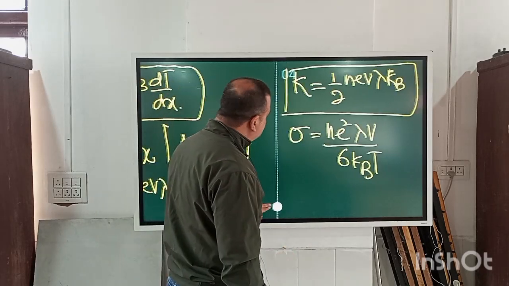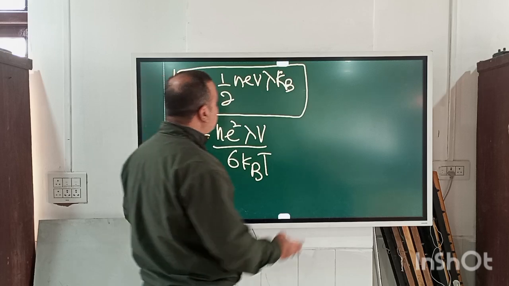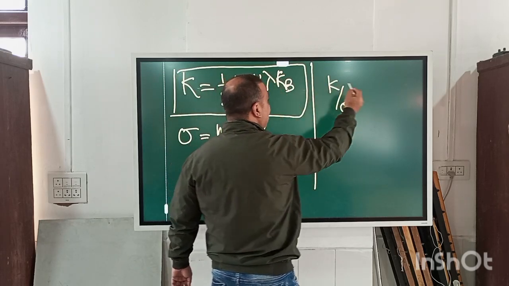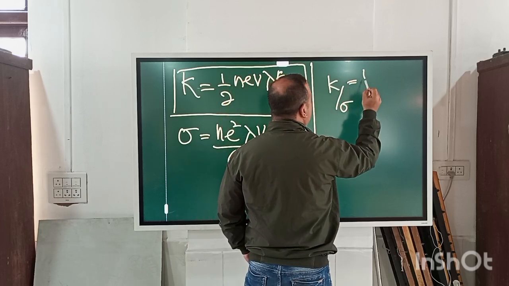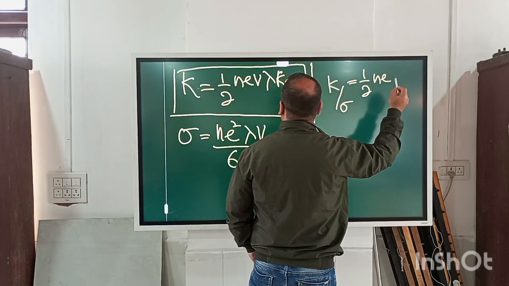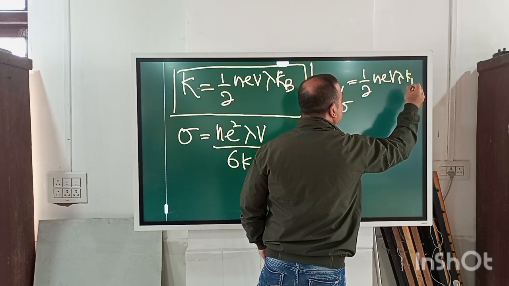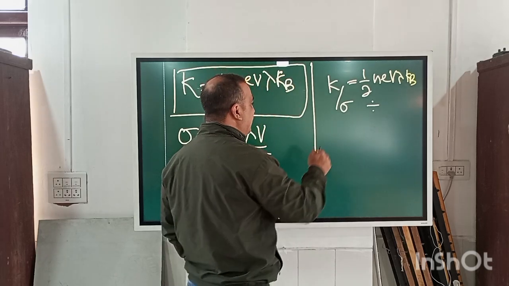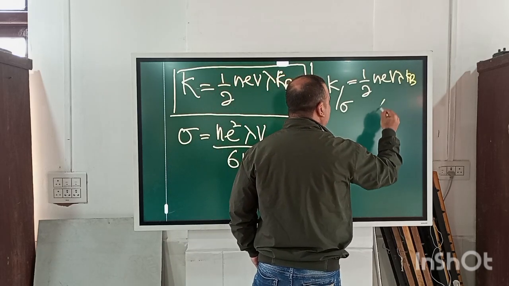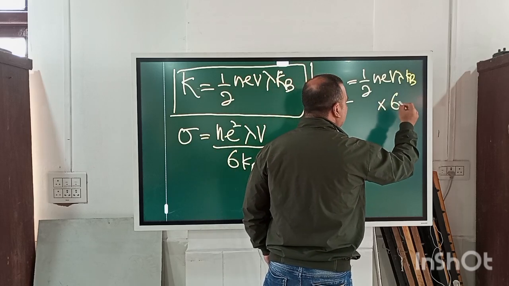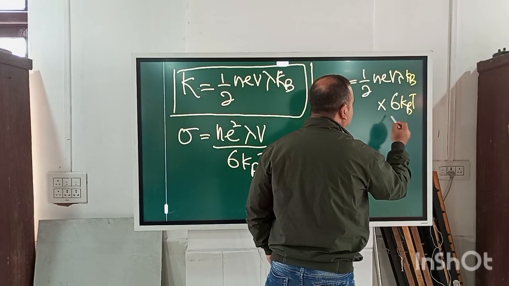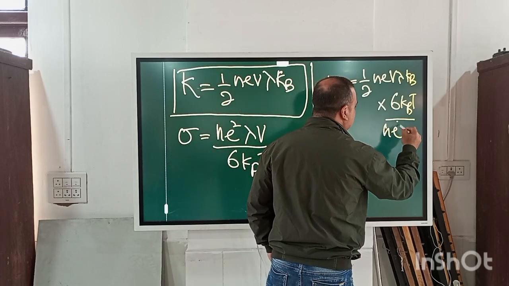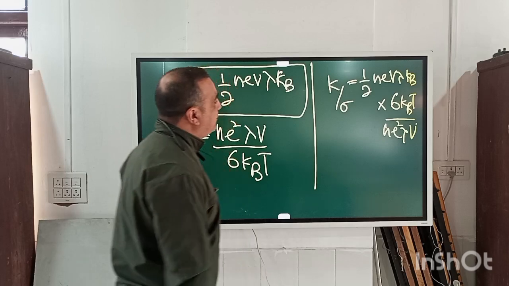So what we can do here is divide these two things. If I divide K by sigma, K is 1 by 2 N e V lambda kB, divided by sigma, so this divide will change into multiplication, and I will multiply by 6 kBT on the top in the numerator, divided by N e square lambda V in the denominator.